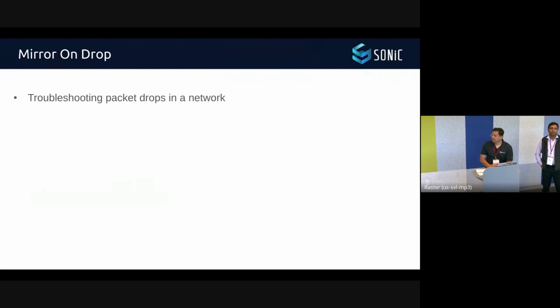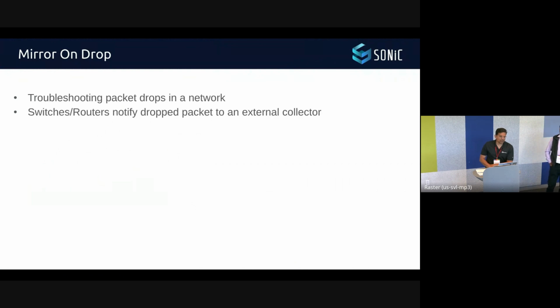So mirror and drop, this is a feature used to troubleshoot packet drops in a network. Switches and routers that support this feature generate a notification when a packet gets dropped in the switch. This notification goes to an external collector. This notification has a copy of the packet along with some metadata.